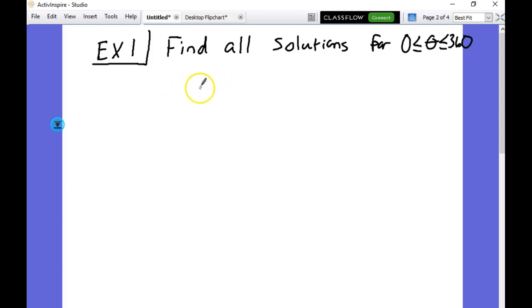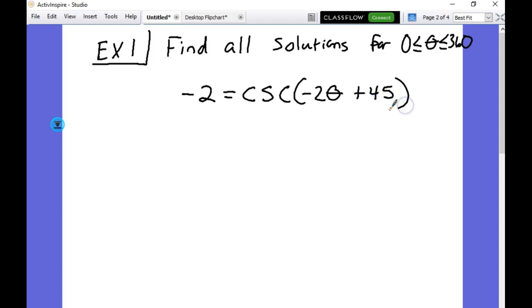These problems are pretty long, just so you know. I'm going to be writing some steps down as I go, and I would encourage you to write the steps down. After you've done a couple, you probably won't need them anymore, but for the first few problems it would be nice to have.